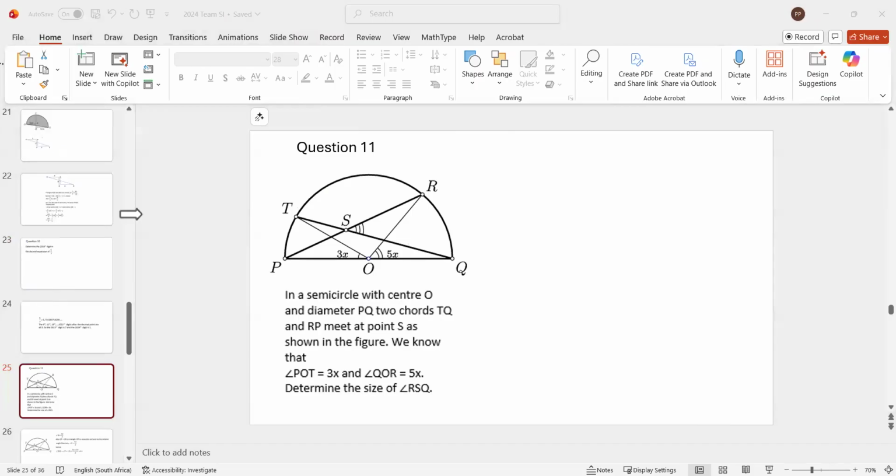So that's the first thing we notice, that OQ, same as OR, same as OP, the same as OT. This is the center, so all the radii are equal.